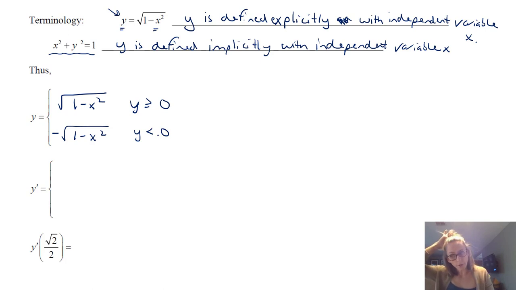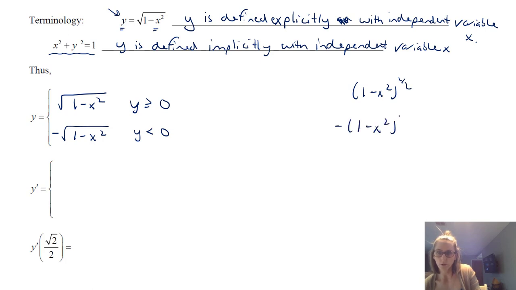So to take our derivative, basically we just take the derivative of each of those pieces. So I'll do a little bit of work over here just to remind you what those are. You can rewrite it as 1 minus x squared to the 1/2, and you have negative 1 minus x squared to the 1/2. So when looking at those, we'll take the derivative of each of them. And that's going to require what rule that we already learned?